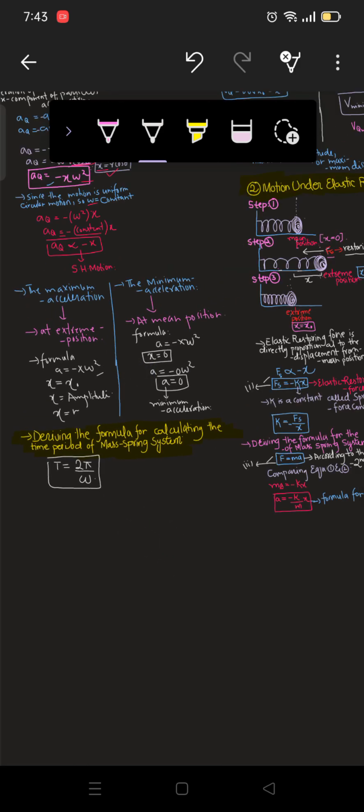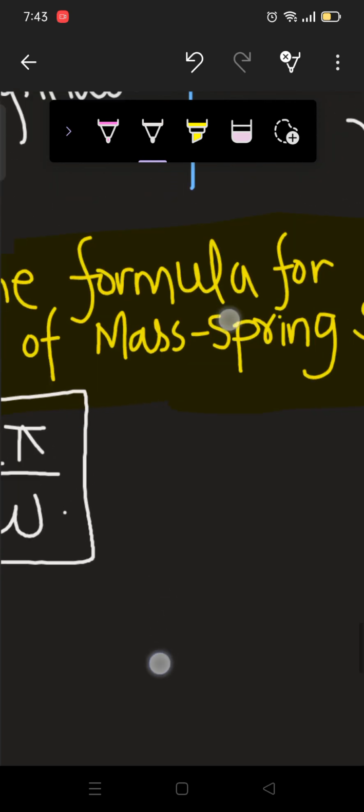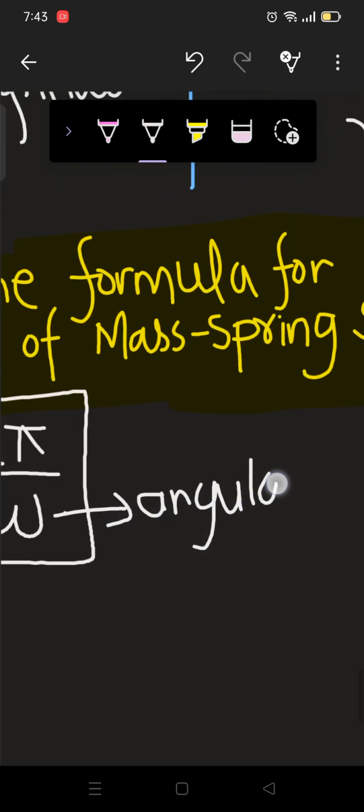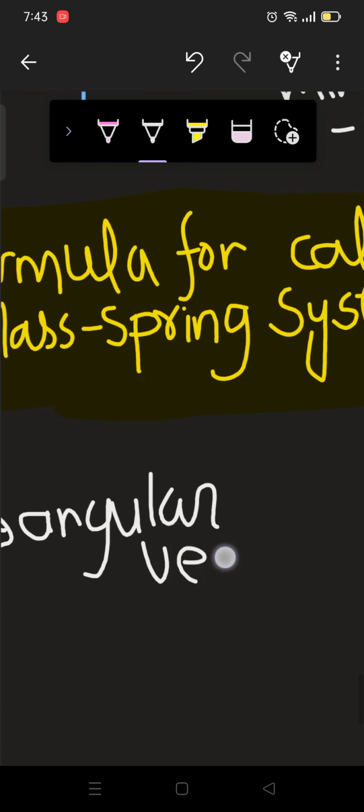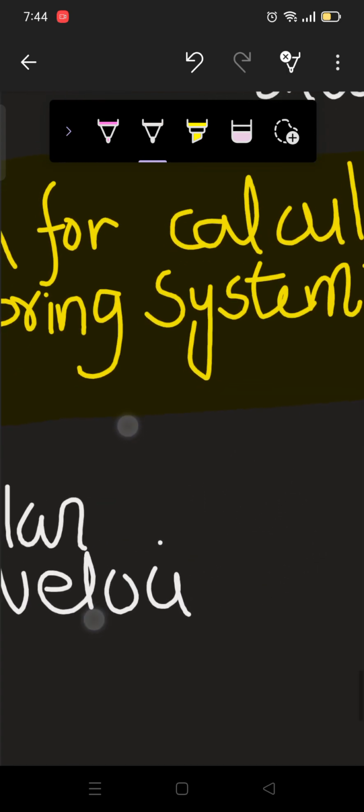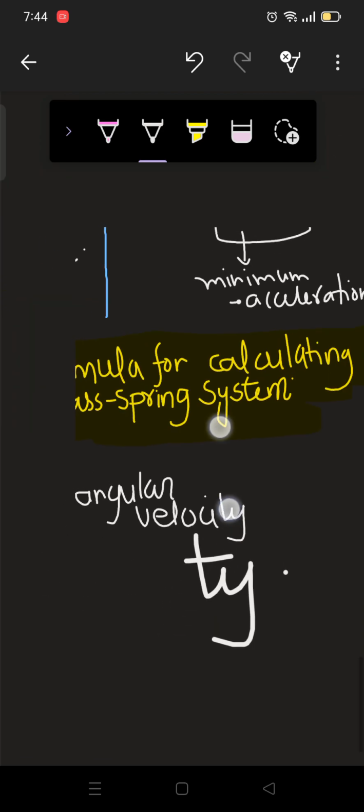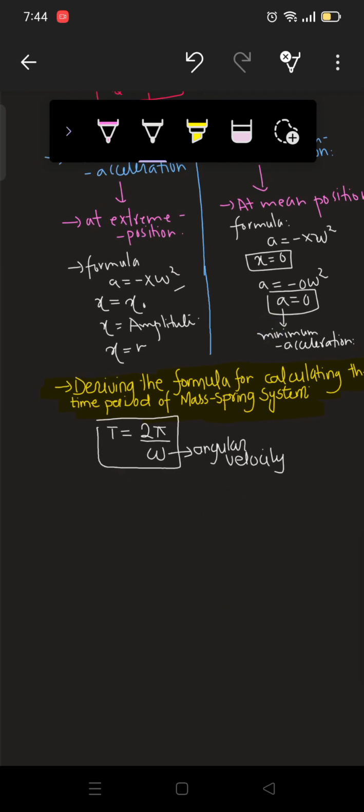Omega is the angular velocity, but we don't want angular velocity here. How will we have angular velocity in the mass spring system? That's why we need to derive the formula for calculating the time period of the mass spring system, right?